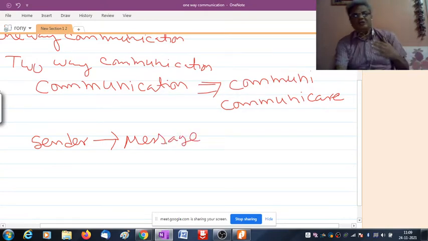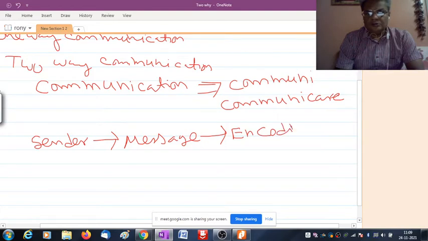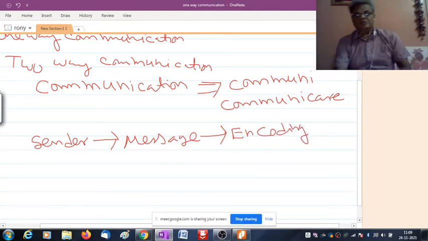The idea that he or she needs to communicate. Then comes encoding. Encoding means putting words to the message, using words for the message.